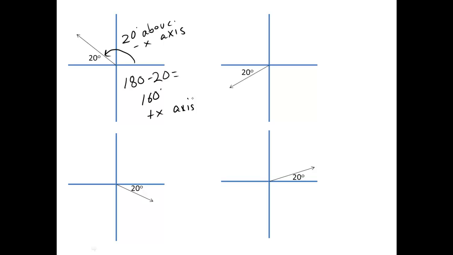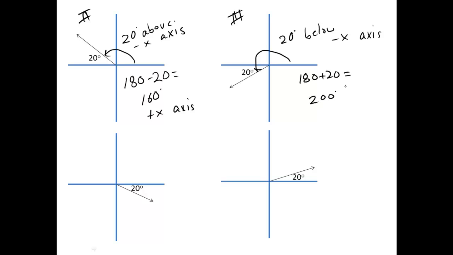Now we can also look at the third quadrant. We just did an example of the second quadrant. In the third quadrant, we could say that this is 20 degrees below the negative x-axis. Or we could say it is 180 plus 20 degrees, which would be 200 degrees from the positive x-axis.